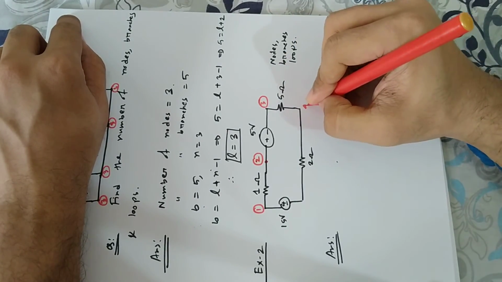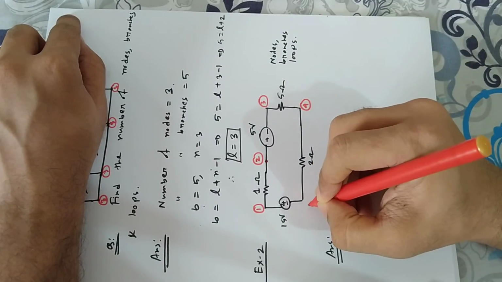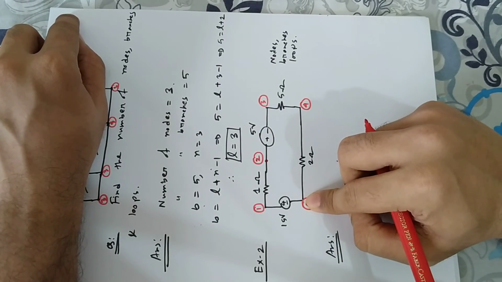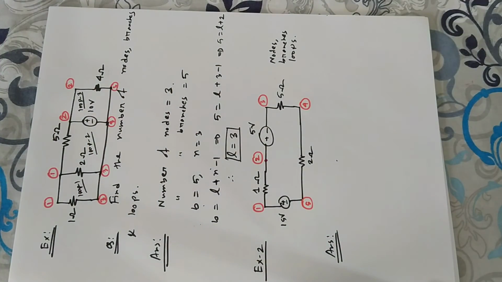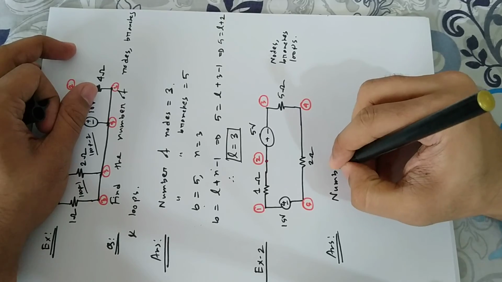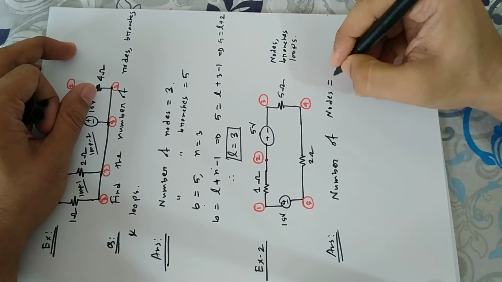This is our node number 4 because the 5 ohm and 2 ohm are connected at this point. This is our node number 5 because the 2 ohm and 15 volt are connected at this point. And each of these nodes is a simple node. So the number of nodes is equal to 5.